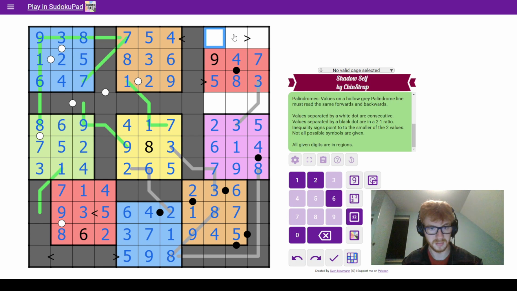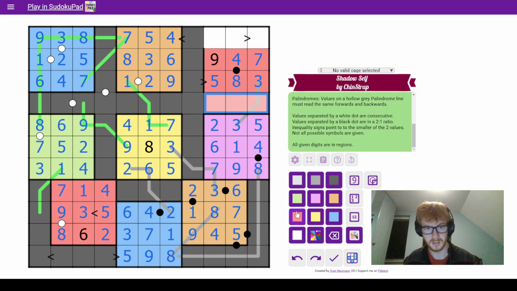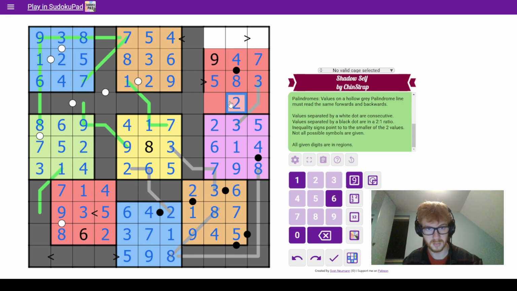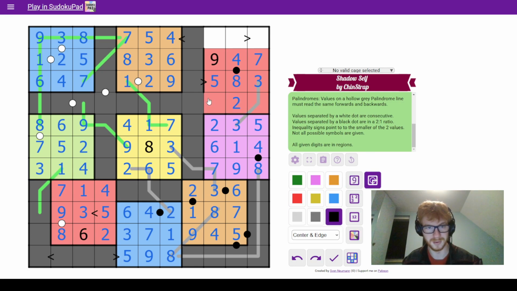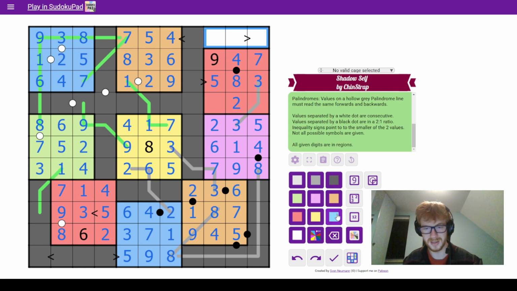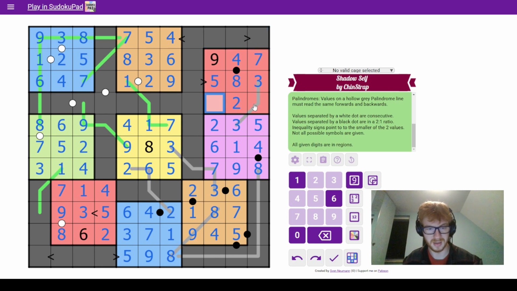And that cannot be a 6. So if it's 1, 2, 6, that has to be a 6. And that cannot be. So that's red. And this is a 2. I'm going to finish the lining first because I want to. And then the coloring. And then I'm missing a 1 and a 6.